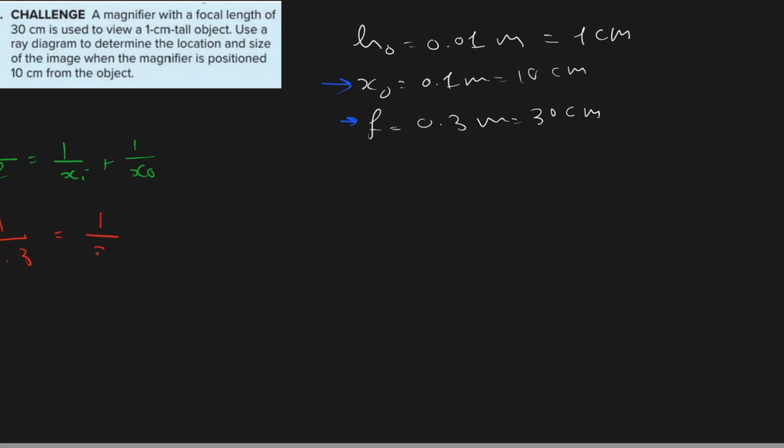We don't know it, but we know xo, which is 0.1, so 1 over 0.1. So xi is going to be equal to 1 over 0.3 minus 1 over 0.1, to the power of -1. Let's find the answer.